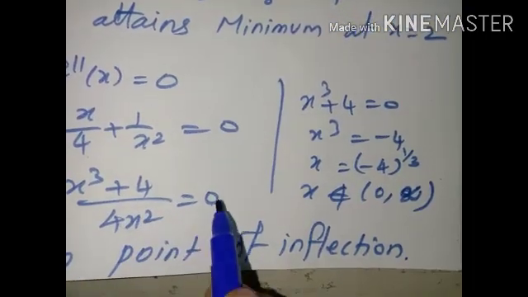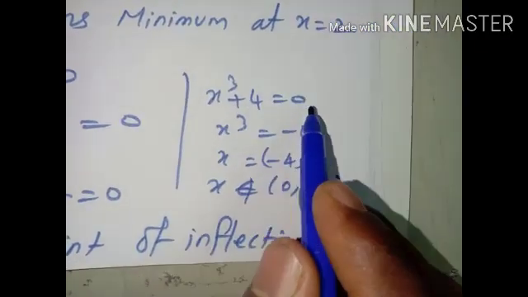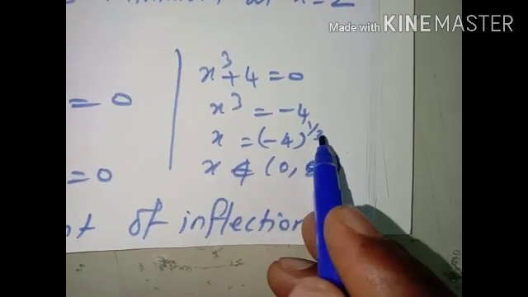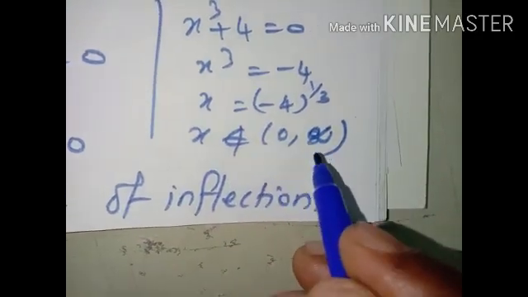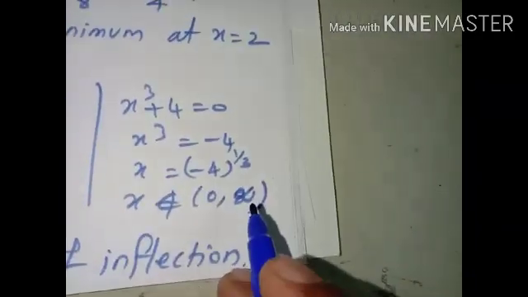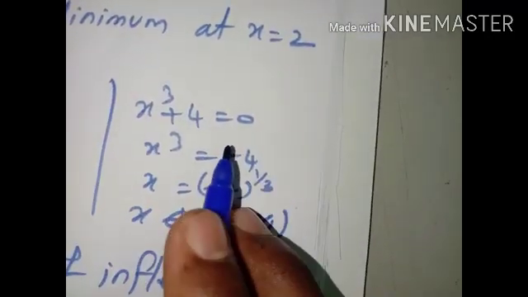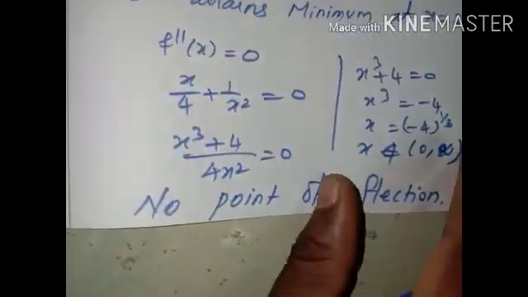The denominator is not zero, so x cubed plus 4 equals 0, x cubed equals minus 4, x equals minus 4 to the power 1 by 3. This does not belong to the interval 0 to infinity, as it is negative. So there is no point of inflection.